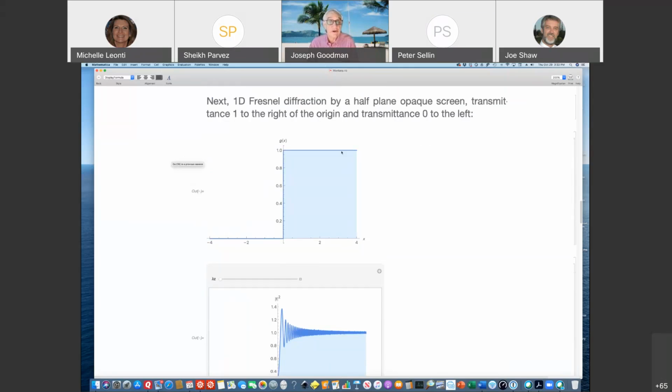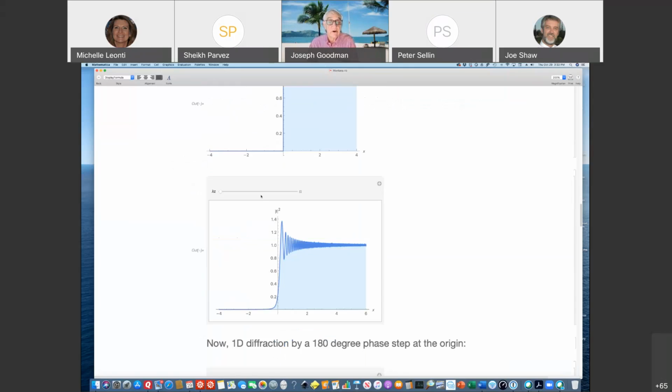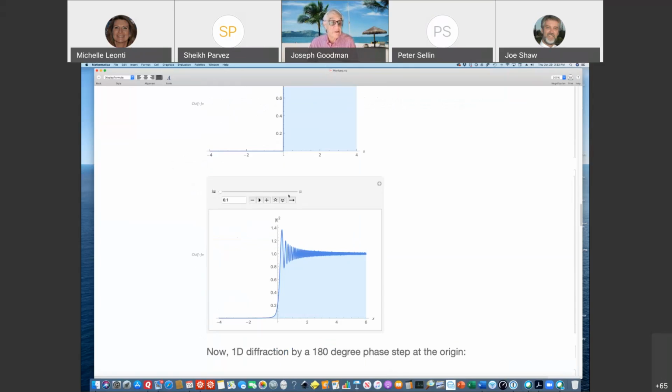So here's the aperture function, 1 to the right, 0 to the left. And here's lambda Z. I'm going to show you the values here. This is 0.1 for lambda Z. Let me increase now to 0.5. And you can see that the diffraction pattern is widening and pulling away from the origin.